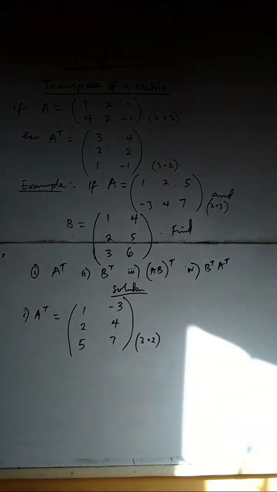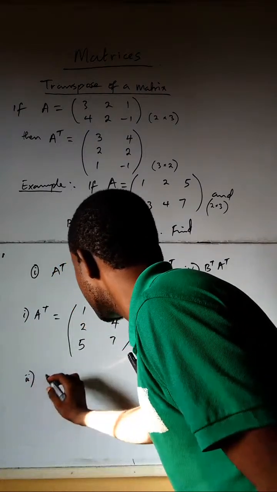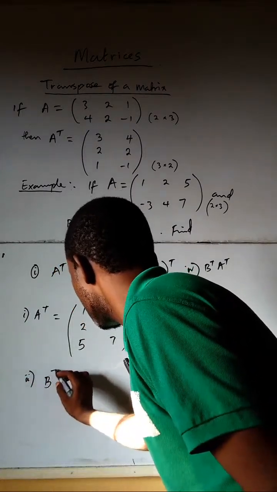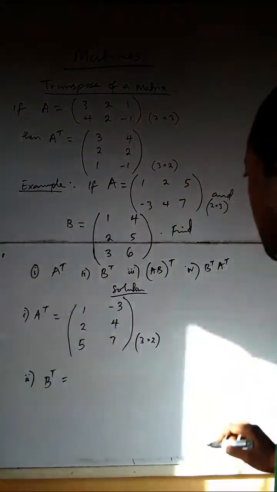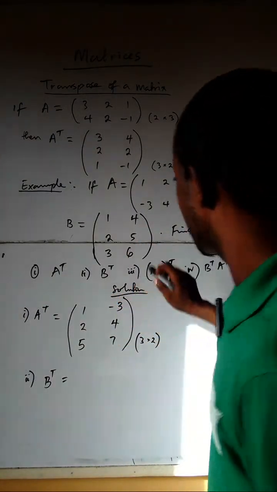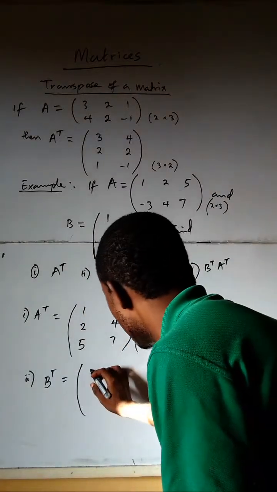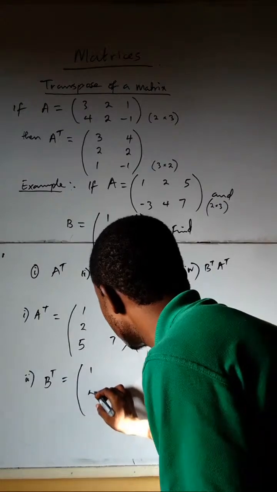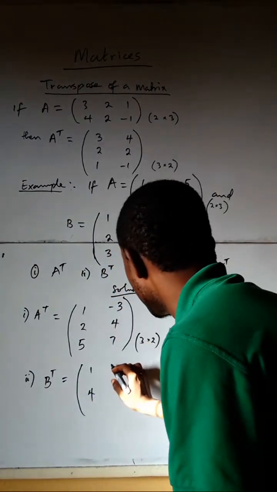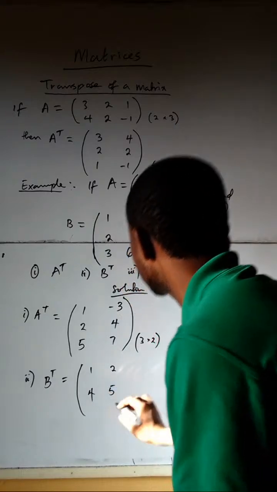Now let's look at the second one here, number 2, which is B transpose. Also, for B transpose here, we interchange the row to the column. So the row here becomes the column. That means we have 1, 4. Then also we have 2, 5.